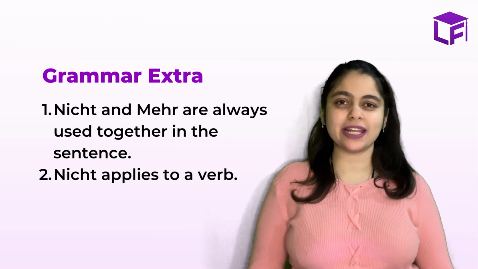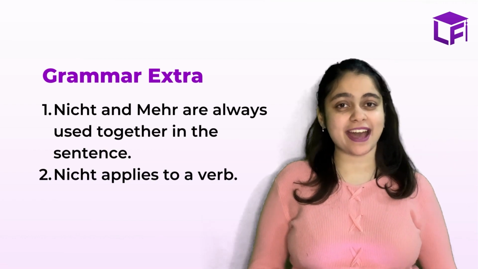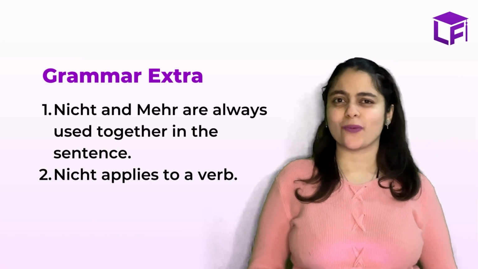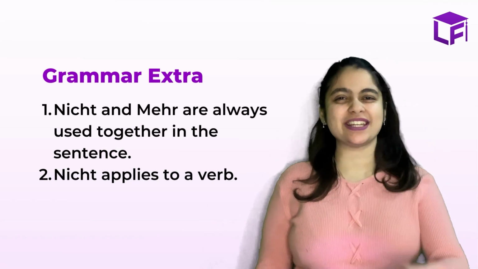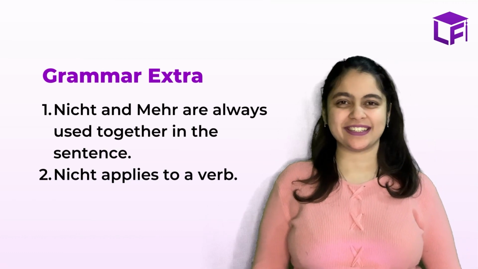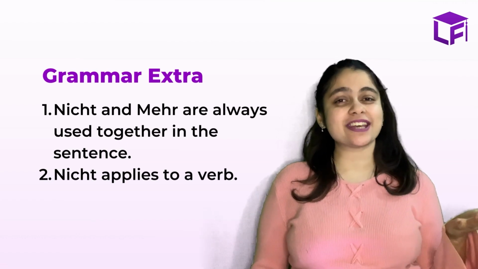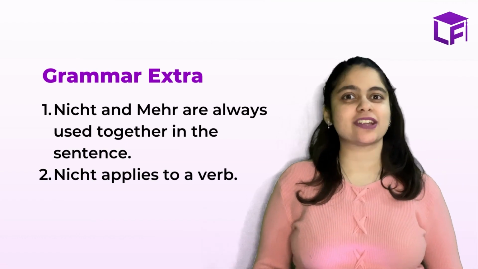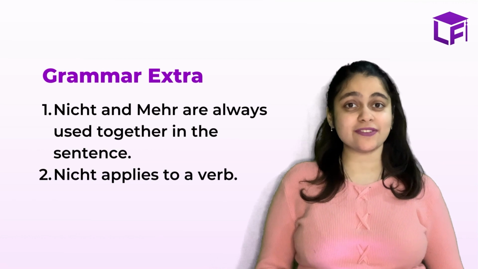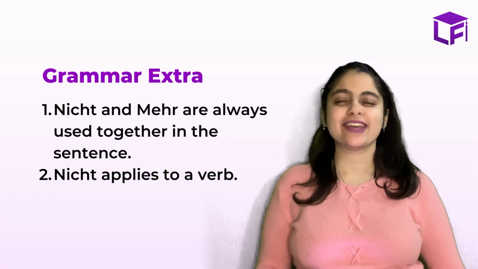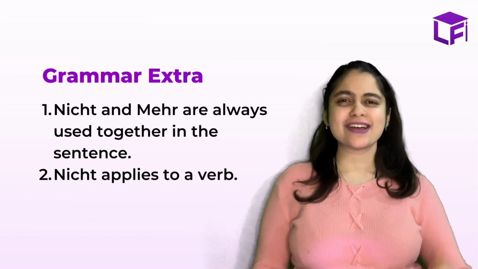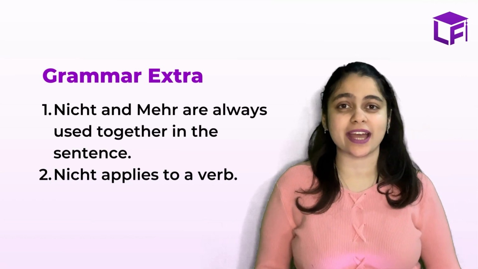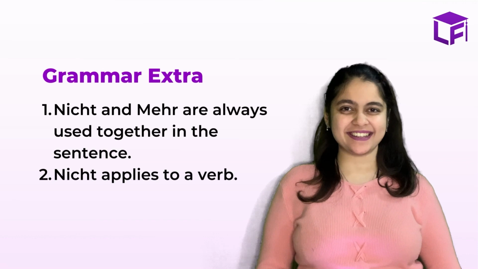Alright, so we learned two things. Well, nicht applies to the verb, and to apply a negative statement over the noun, you'll have to use kein. Understood? Superb! 3 cheers for you guys. This was pretty quick, huh?